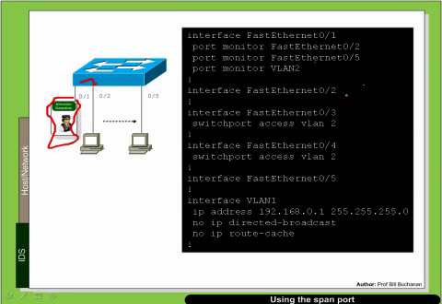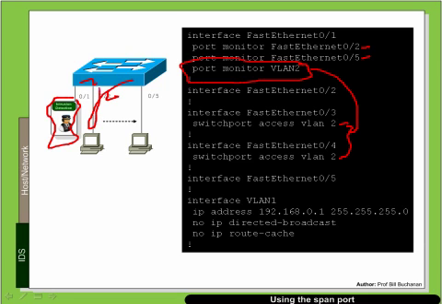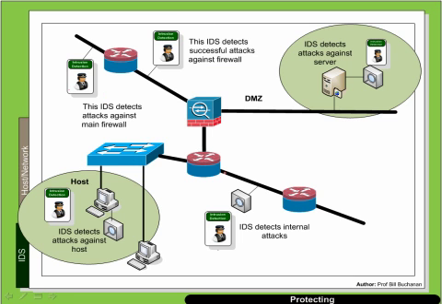In this case, we set up a VLAN. VLAN 2 is for port 2 and port 3 and port 4, and then we can define that we monitor a VLAN, or we can monitor specific ports. So the traffic which is going to and from each of these ports and to the VLAN will also go to port 1 in this case.